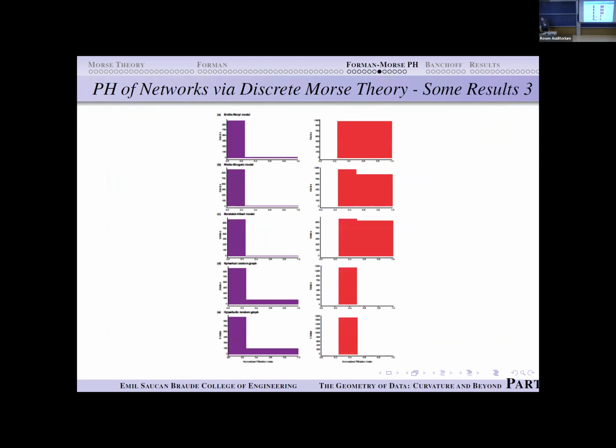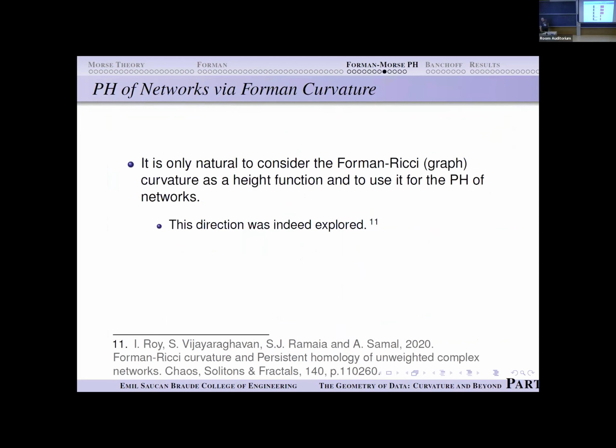And yes, there was another thing, if you remember, this guy here. So we use all this stuff to do persistent homology, and persistent homology, we suggested, yes.